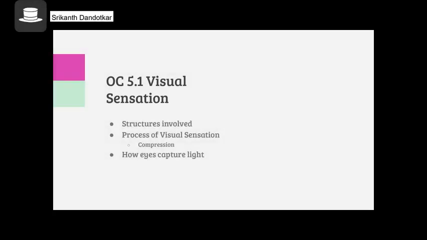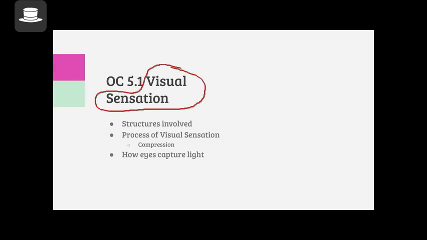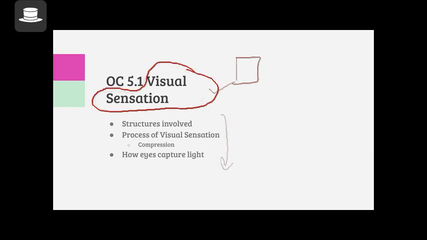The outcomes for this video, which is visual sensation, are listed here. And we are only talking about visual sensation because this is an important area that is researched more than other sensations, but also because visual sensation is key in solving the puzzle.